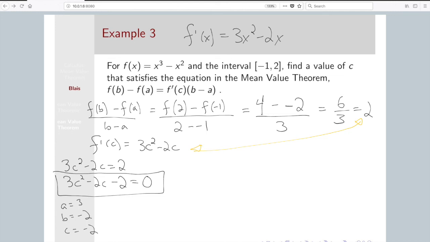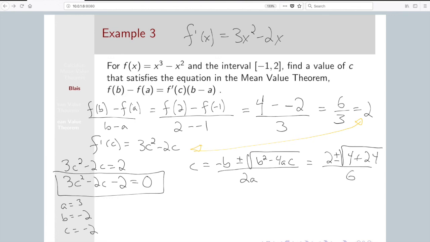And remember our quadratic formula. c will equal negative b plus or minus square root of b squared minus 4ac all over 2a. In this case, negative b is minus minus 2, or 2, plus or minus. b squared is 4. a times c is 3 times negative 2, or negative 6, times negative 4 is positive 24. 2a is 6.